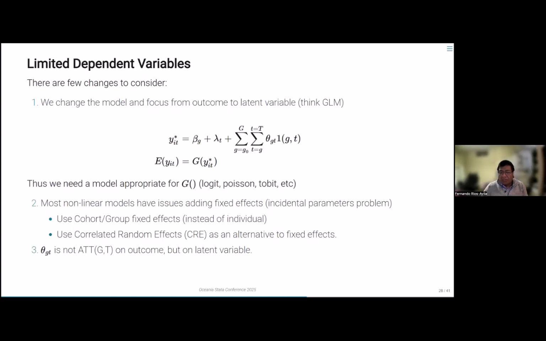To avoid this problem, there are two possible solutions that you can take. One is, instead of using individual fixed effects, to use group or cohort fixed effects. That is going to typically reduce the amount of fixed effects you need to estimate. Or the second approach is to use the correlated random effects approach or correction, which is an alternative to fixed effects. In this case, this parameter delta G is not the ATT-GT on the outcome, but it's going to be the ATT-GT on the latent variable of the outcome.